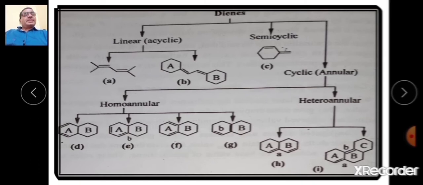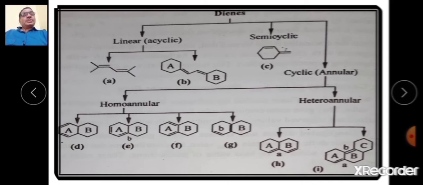Semi-cyclic, that is, some part of the diene is in the cycle and the remaining part is out of the cycle, and therefore it is called semi-cyclic. Now, cyclic dienes are known as annular dienes also. There are two varieties of annular dienes. Number one is homoannular.